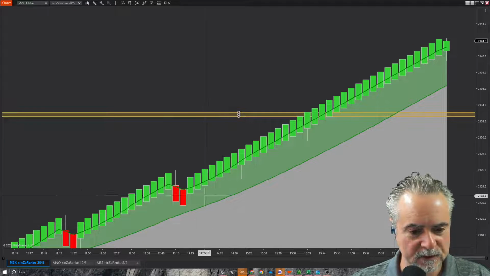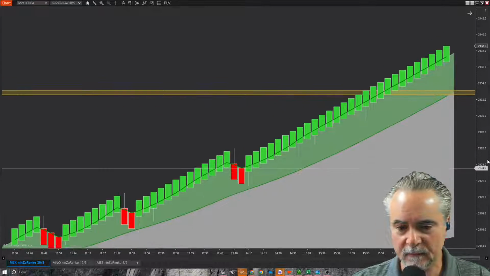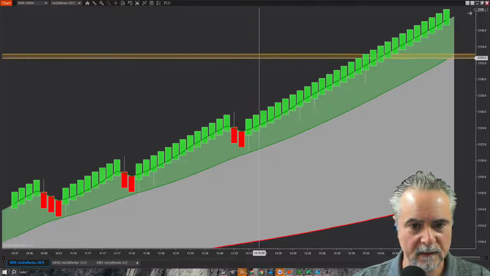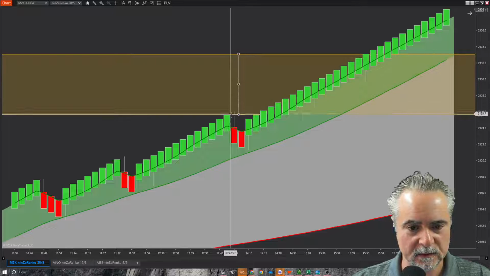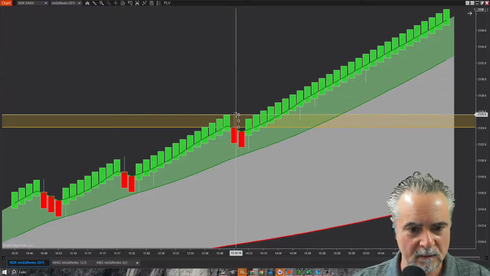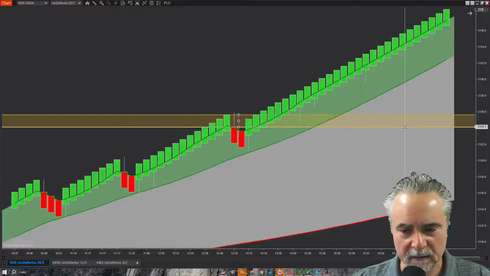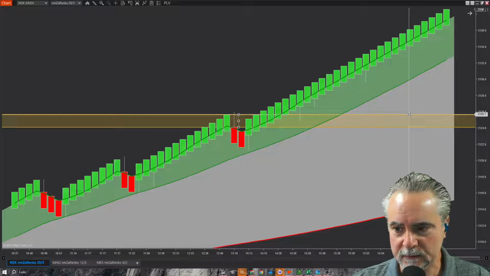Next good question would be on a reversal. How does that look? So if we go down here, measure a reversal candle. So there's the top of the previous candle, and we are 2124.1 to 2125.6.